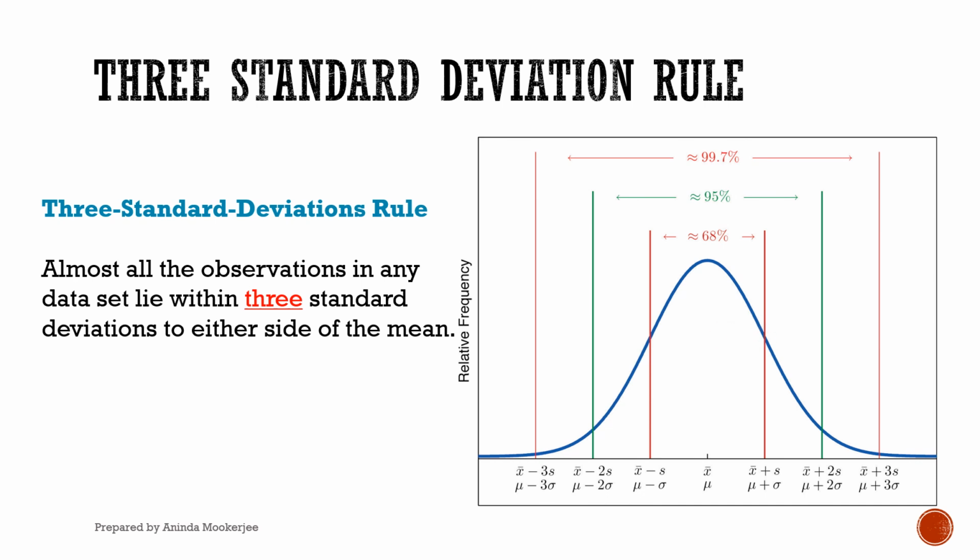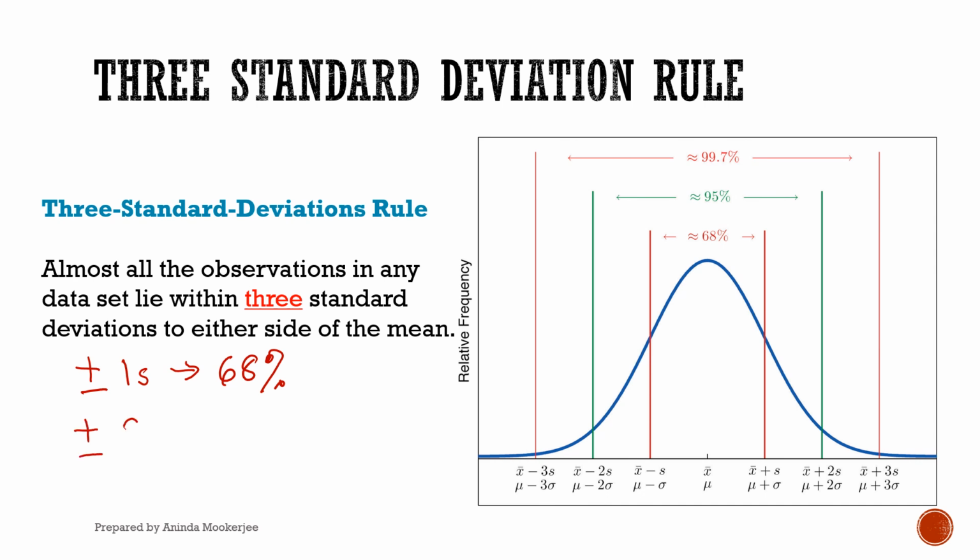So plus minus 1 standard deviation will cover 68% of the data set of the observations.